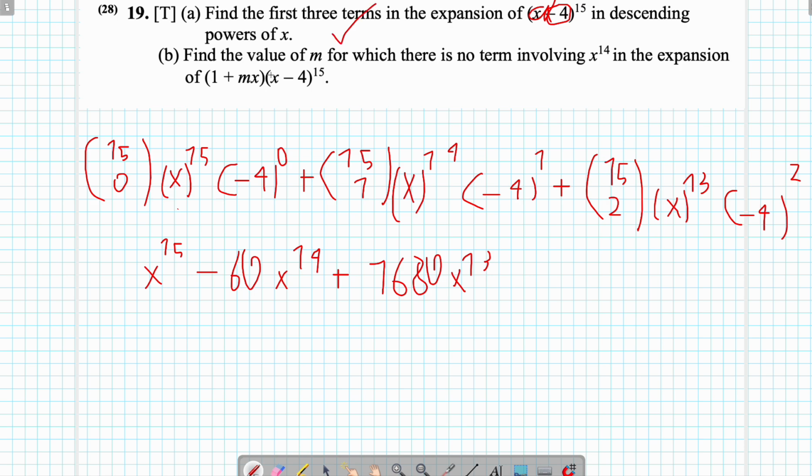Find the value of m for which there is no term involving x to the 14. Since there is no term involving x to the 14, the sum of all the terms in x to the 14 would be equal to 0, right? Okay. And then they want us to distribute 1 plus mx.